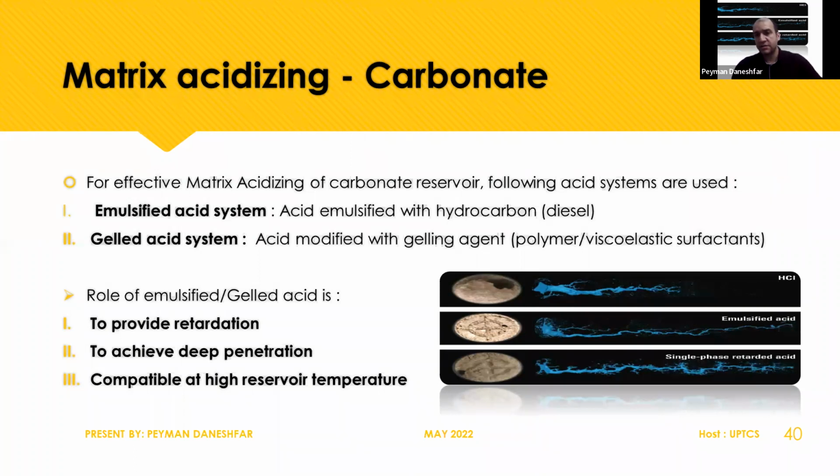Another thing is when and where we use an organic acid. If you remember, I told you before, organic acid reacts slower than mineral acid. But acetic acid or formic acid we can use as additives in our acidizing.